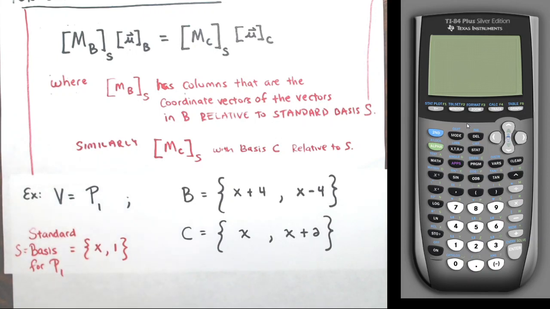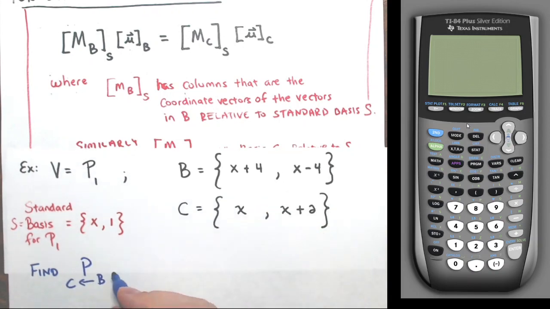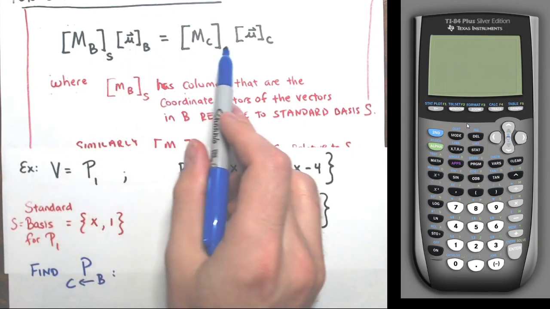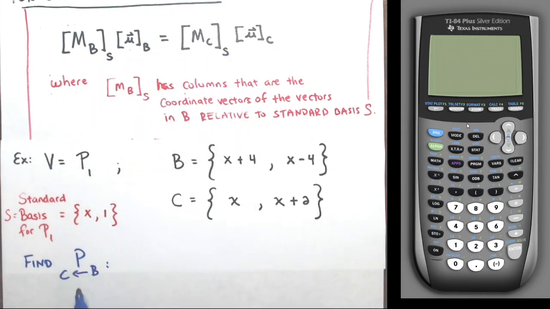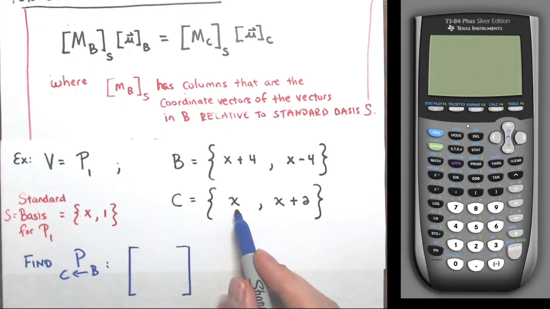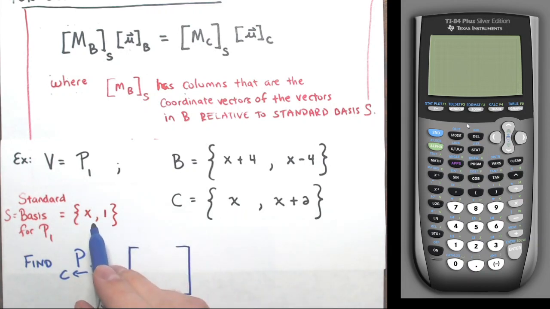And then if I want to find this transition matrix from B to C, I'm going to set up this equation here. I'm going to have C stuff on the left, B stuff on the right, just to have the notation make sense. So I'm going to have a matrix where I take the vectors in C and I write their coordinates with respect to the standard basis.